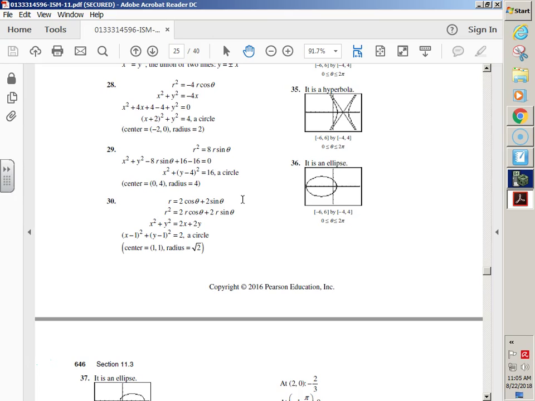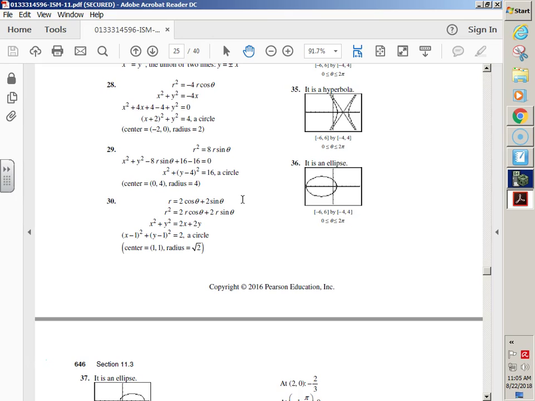If you were trying to find it, then you would have your x squared plus y squared minus 8y equals 0. So you'd have to complete the square, dividing negative 8 by 2 and squaring it: 16 on that side, 16 on that side.